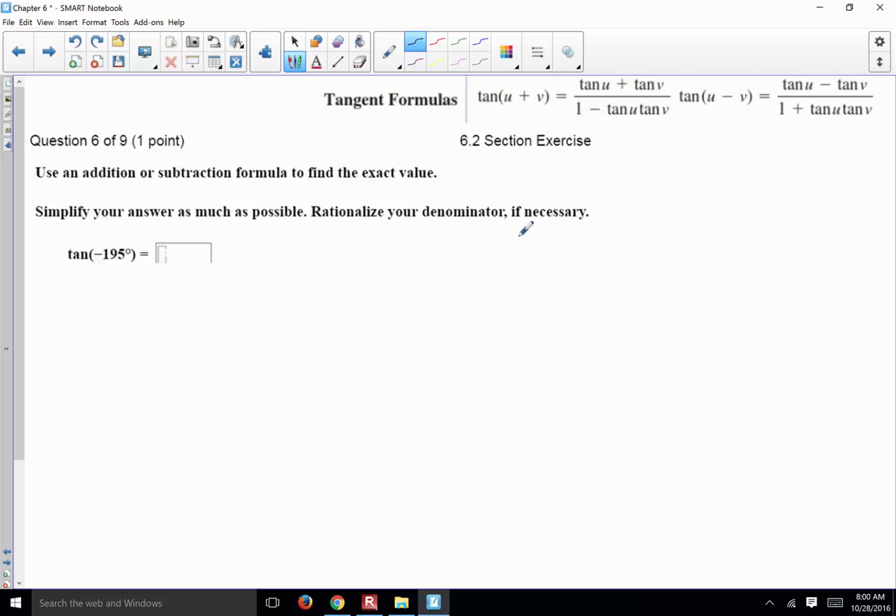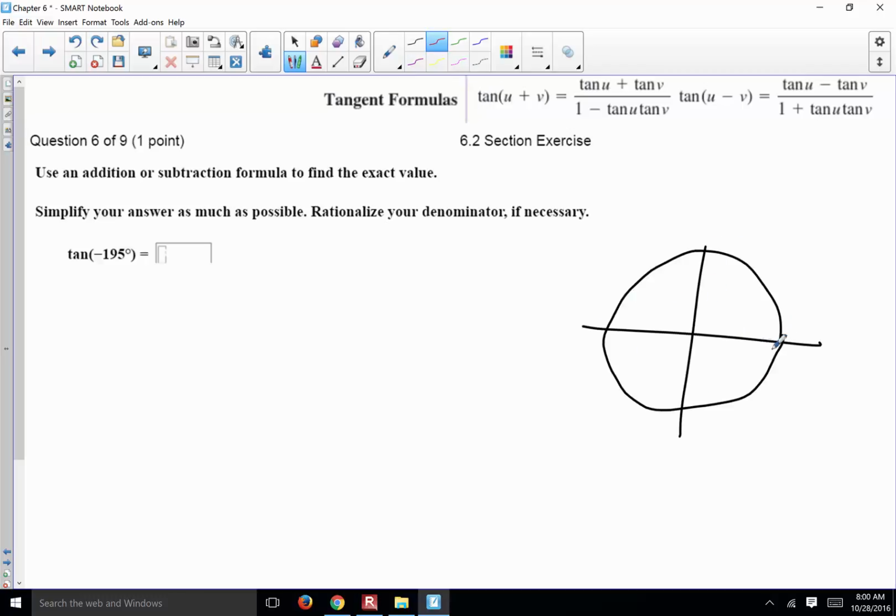It's not on the ring of values, right? Minus 195 is, so you rotate this 195. This is your angle. Negative means it's clockwise. This is 180. 195 is somewhere here. So this is negative 195.